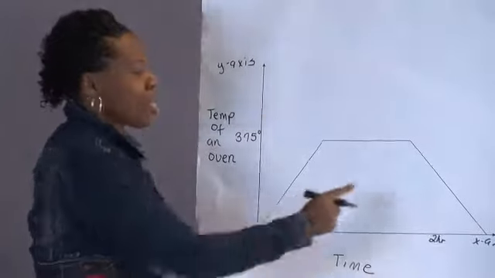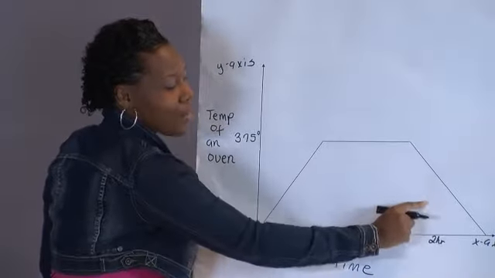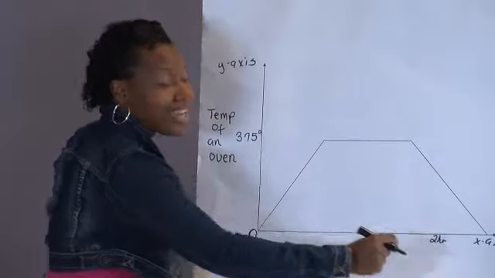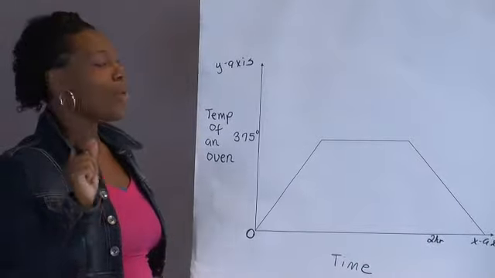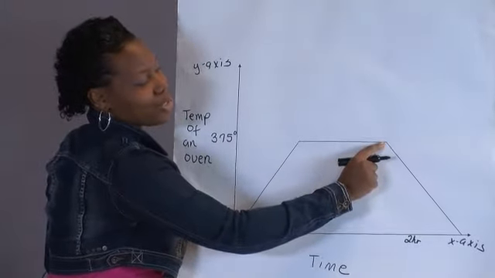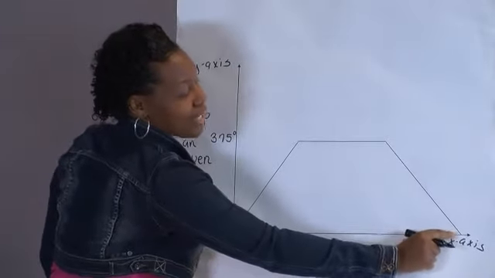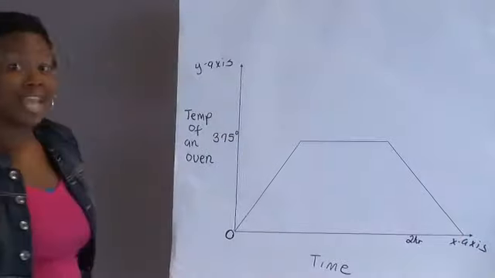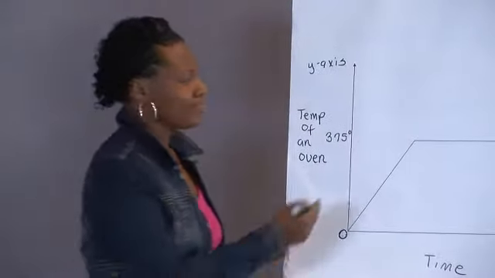So let's say I put 2 hours down here. Now, what's happening? After 2 hours, my mac and cheese is done. I'm taking it out of the oven and I'm turning my oven off, okay? When I turn my oven off, what happens to the temperature? The temperature slowly decreases back to 0, okay? So now if I had to add numbers for what I do, how long does it take for an oven to warm up?